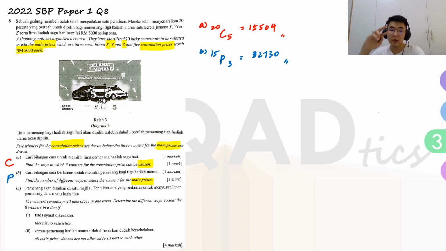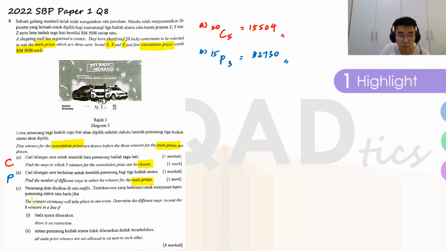Even though A and B are asking kind of the same thing, because of the differences of the prizes, we need different ways to solve them. For part A, because the prizes are the same, we choose with C because it doesn't involve any arrangement. But for part B, the prizes are different, so we need to use the permutation way.